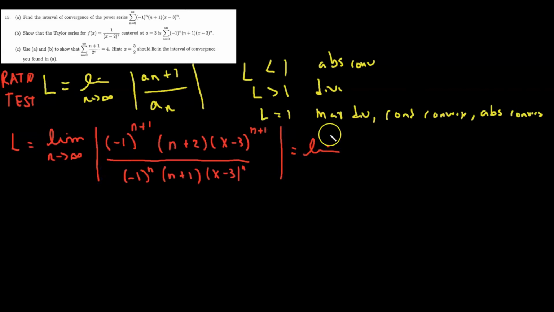and the limit as n goes to infinity. If you just subtract exponents here, because it's being divided, you just get left with n plus 2 over n plus 1 times x minus 3.